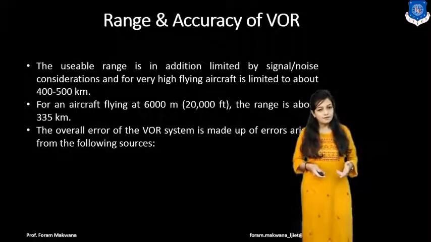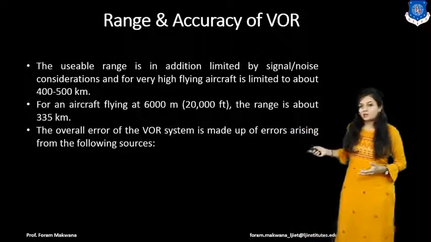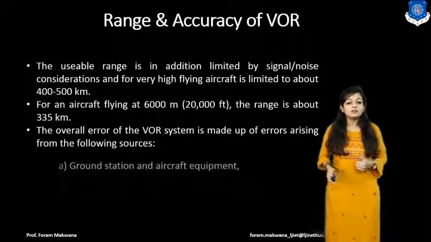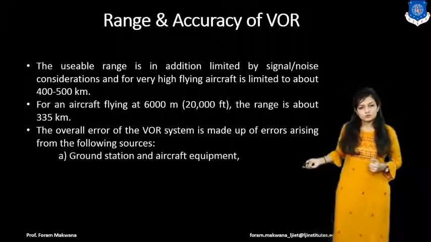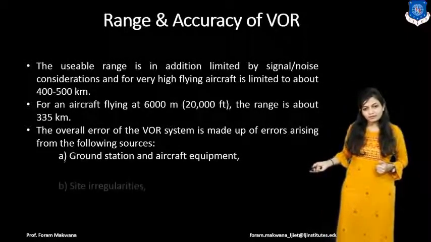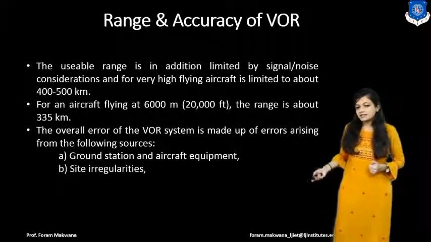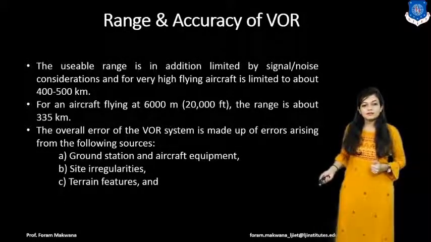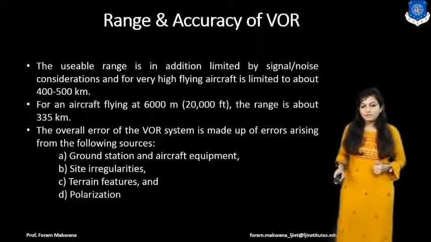So overall, the error of the VOR system is made up of errors arising from a number of sources. One is the ground station and the aircraft equipment. Second is site irregularities. Third is terrain features.